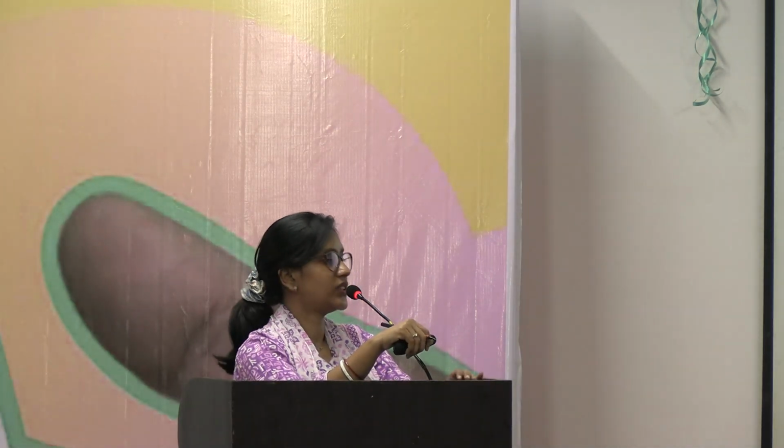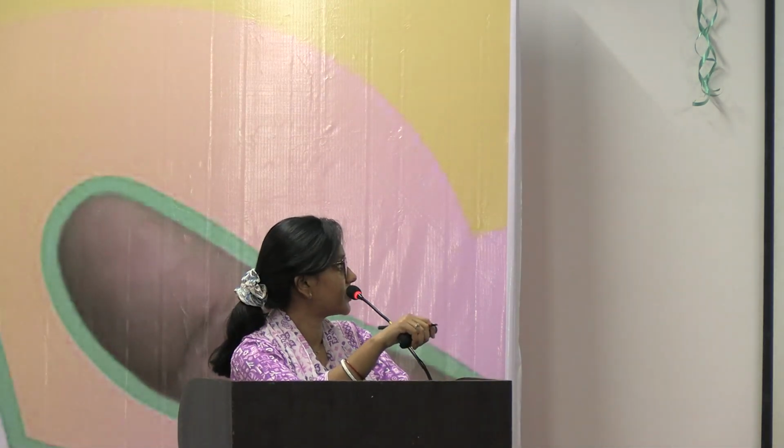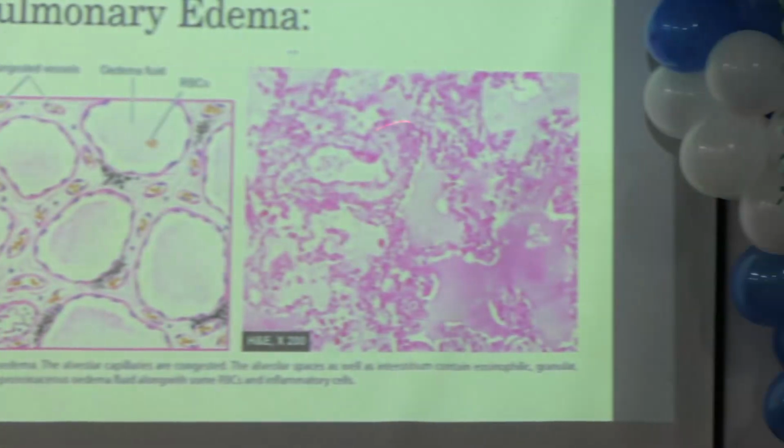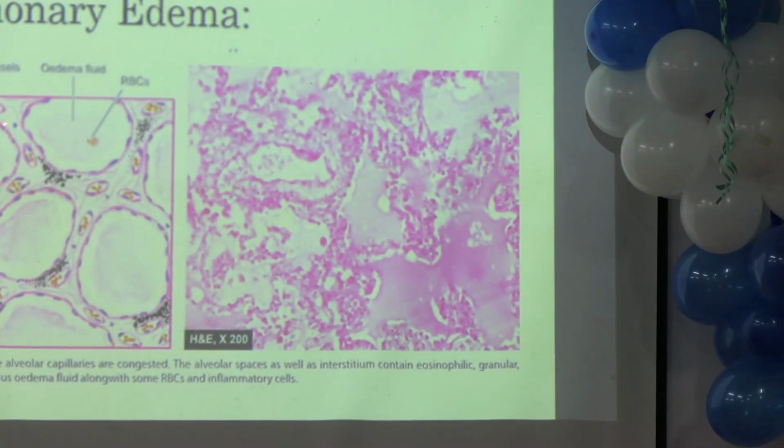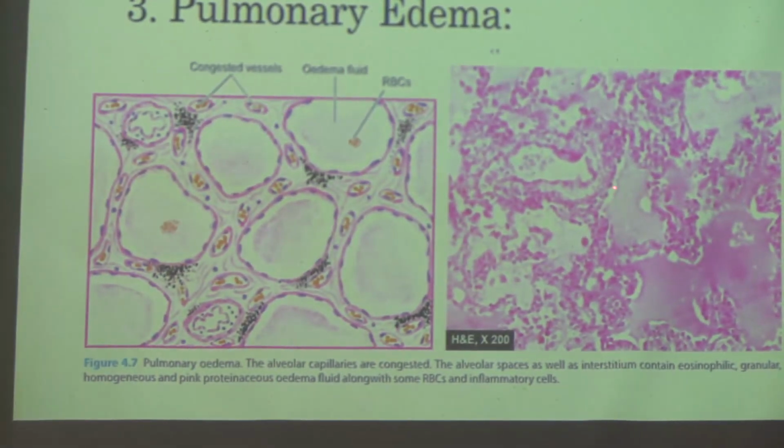Okay, clear? Now how will the microscopy be? As you can see from the schematic diagram and also from the microphotograph, there will be congested blood vessels and alveolar spaces filled with eosinophilic granular edematous fluid. They will also have some RBCs and inflammatory cells.